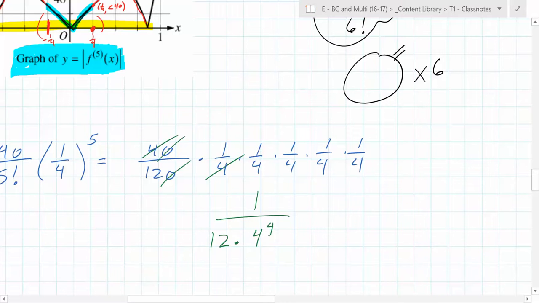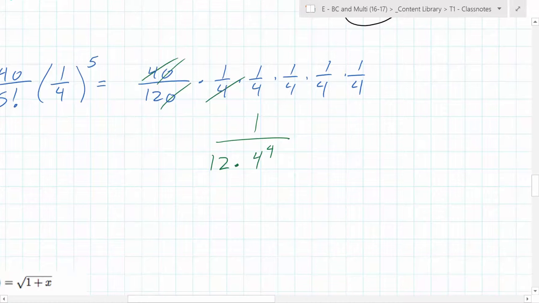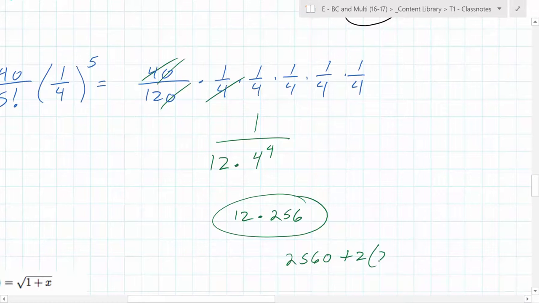Now, do you have to do a little bit of math here? A tiny bit. What's 4 to the 4th? 16 times 4, which is 256. You need to know your powers of 2, everybody. You should be able to handle this on your own without a calculator. Then 12 times 256 is 2,560 plus 2 times 256.